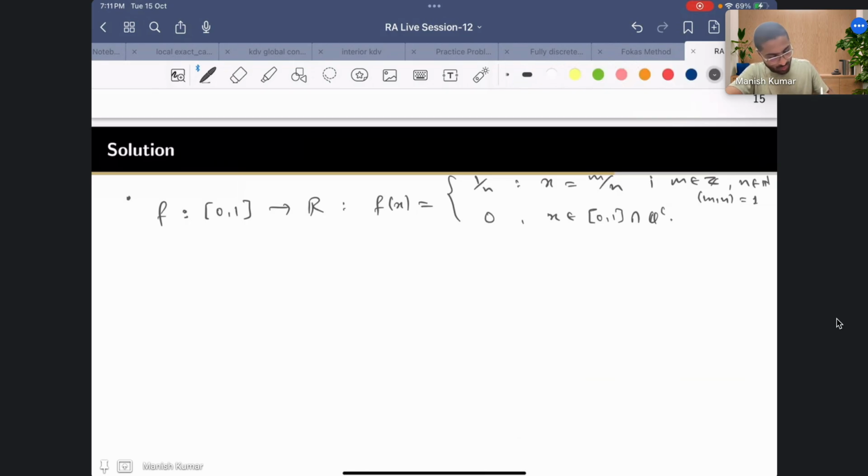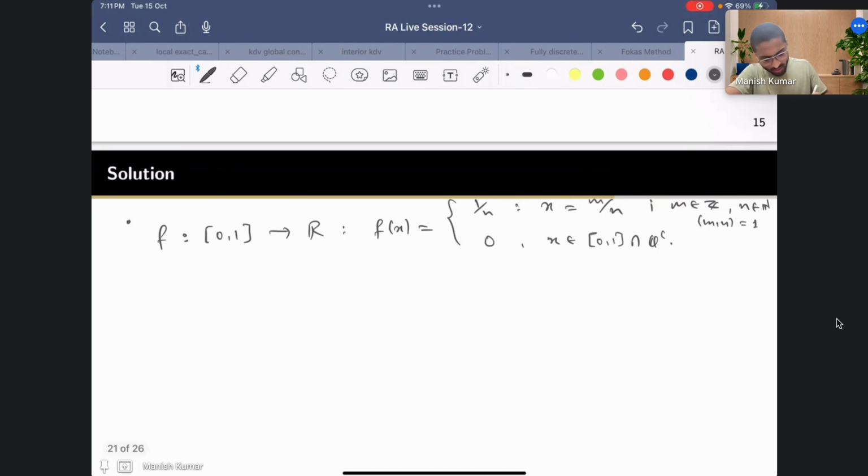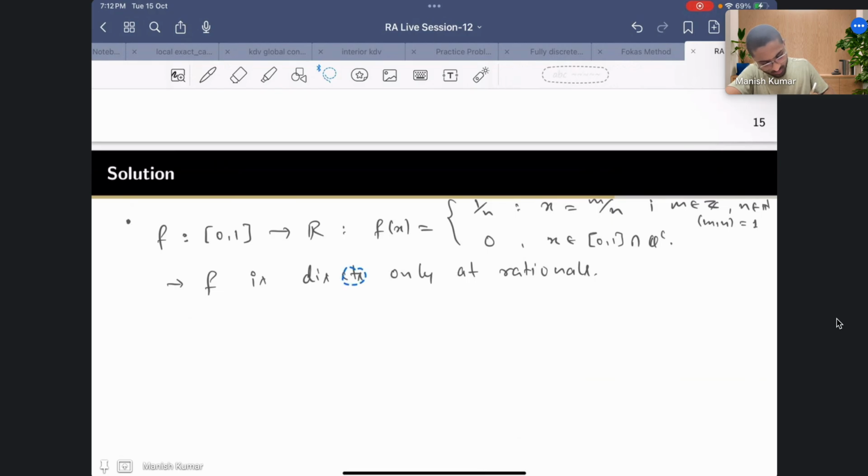Now you see this Thomae function was already discussed, so I'll just write this line. What we have seen is that f was discontinuous only at the rational points, right? If you can recall, this function f is discontinuous only at rationals, and you know that the set of rational numbers is countable.